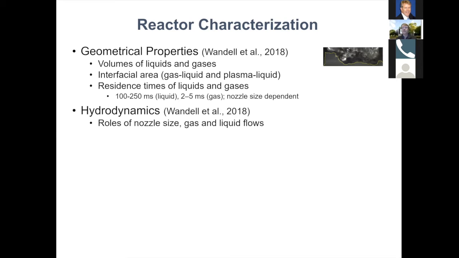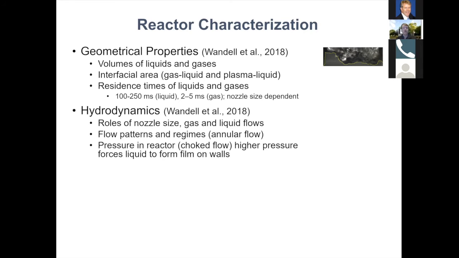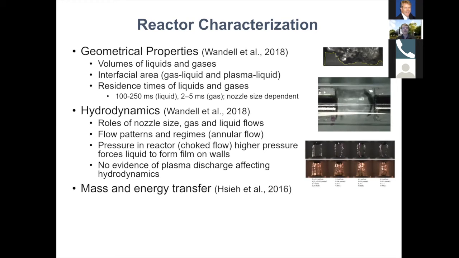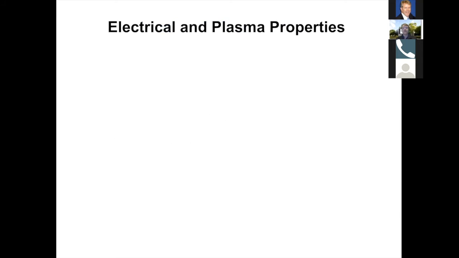We also characterize the hydrodynamics, and the flow pattern is what's called annular flow, but that's basically the picture I showed before, where you have this annular central region where the gas is flowing with that film along the walls. We also have analyzed the mass and energy transport between the gas and the liquid and the plasma itself.